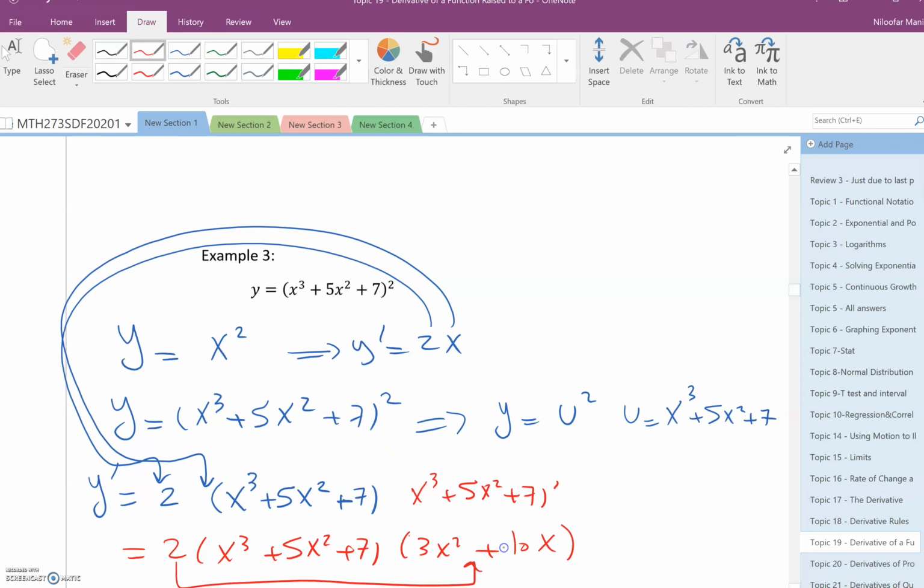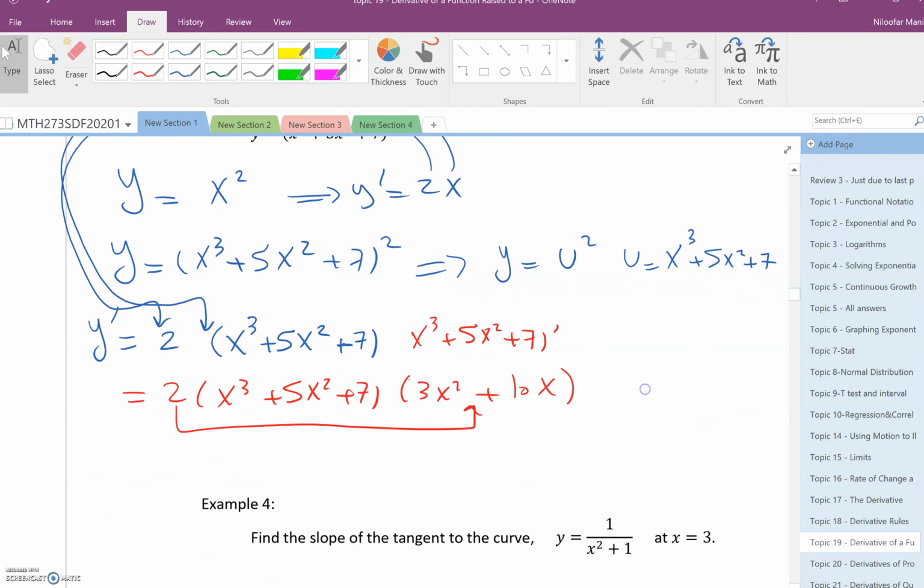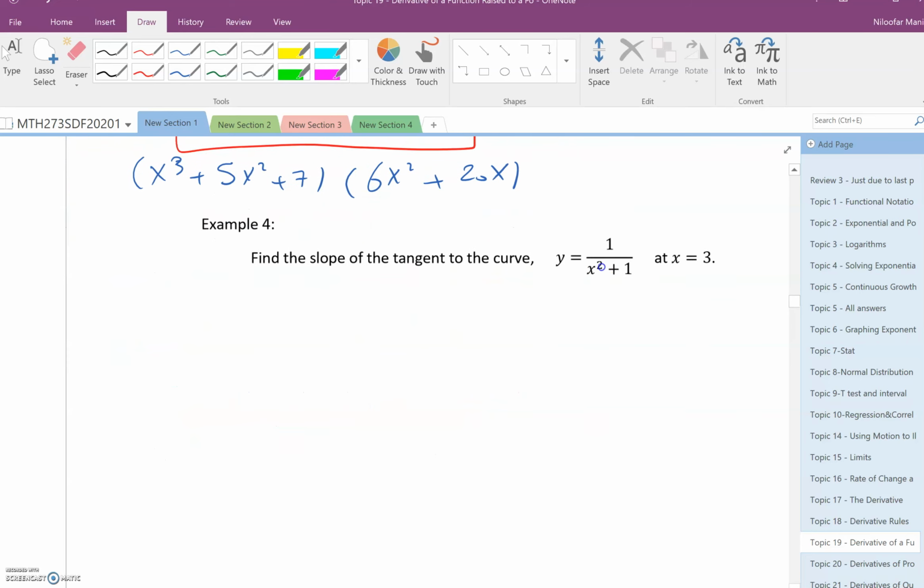Always multiply with u prime. Okay, so then you can say the answer is x cubed plus 5x squared plus 7 times 6x squared plus 20x, right?